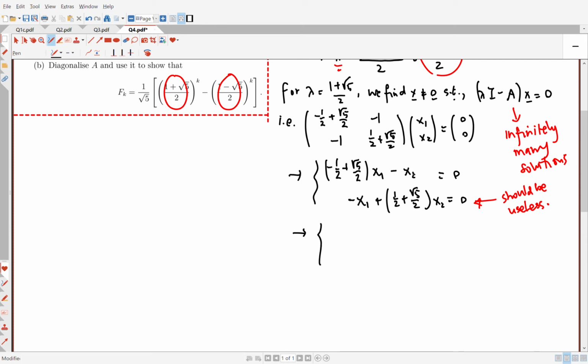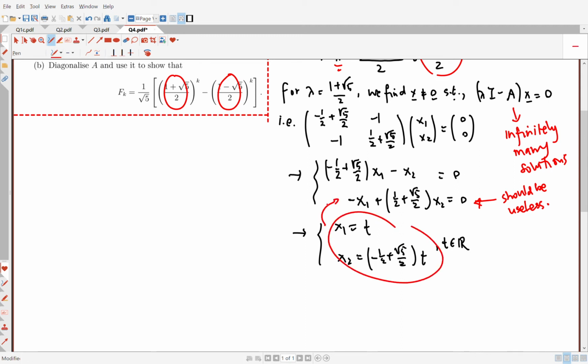Let's say I want to make my x1 the free parameter. Then if I use the first equation, my x2 must be minus half plus square root 5 over 2 times t, where t is a real number. Just want to check whether this is correct or not. I substitute this into the second equation.